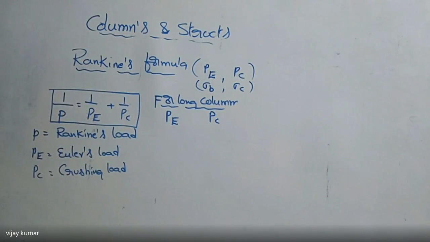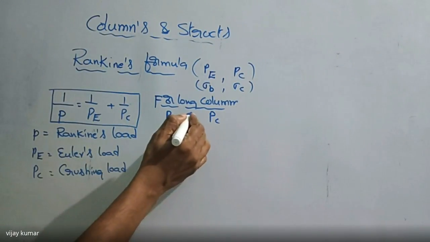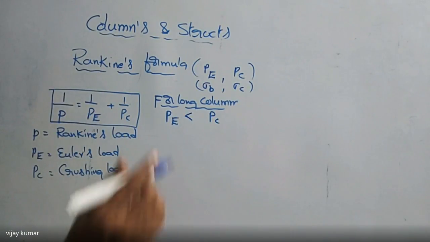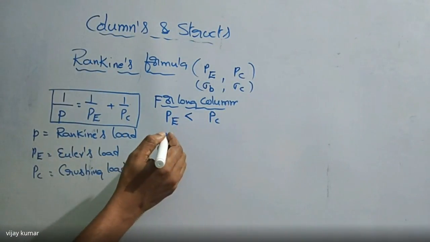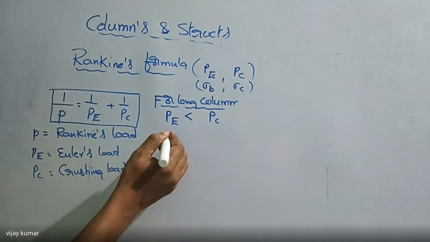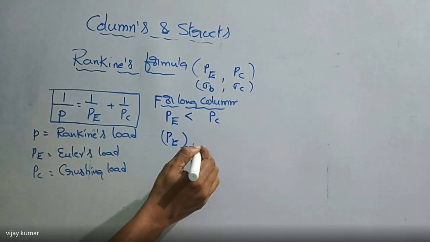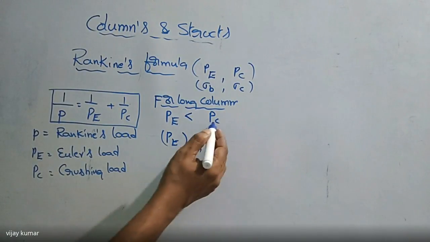Do you get my point or not? So PE is always less than PC. PE is minimum, so PC is maximum.